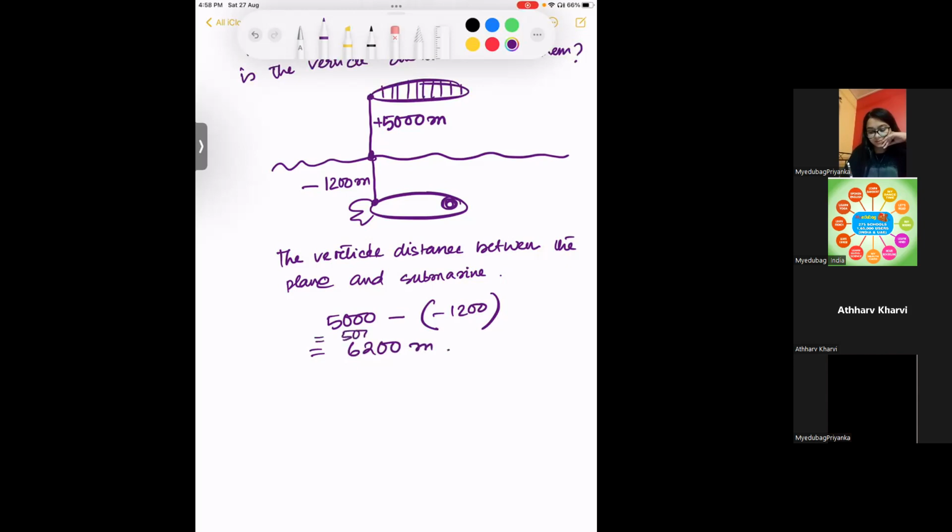So 5,000 minus minus is plus 1,200. Understood? What did we do here? We subtracted 5,000 and minus 1,200. It is told vertical distance, so obviously from the total we have to subtract the distance of the submarine from the sea level. Then only you will get it.